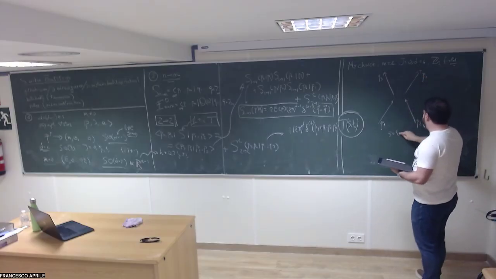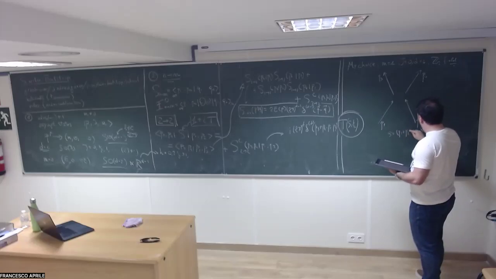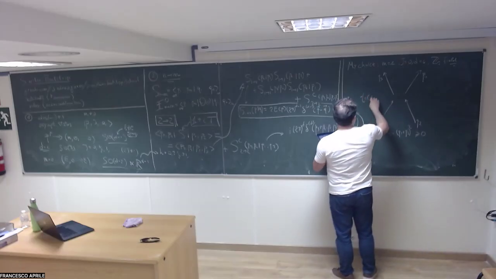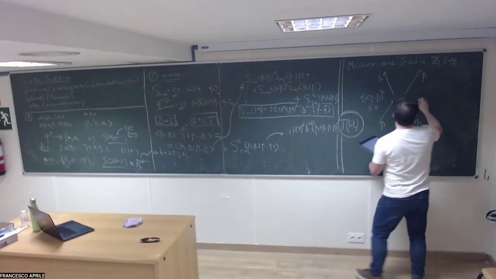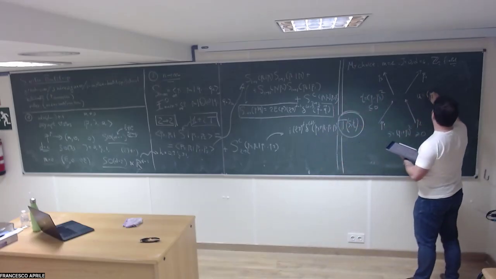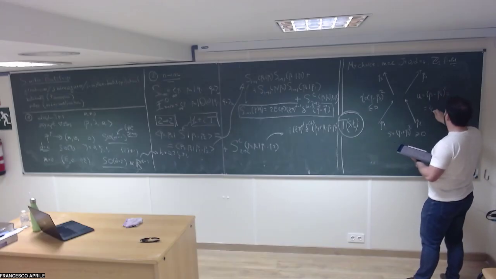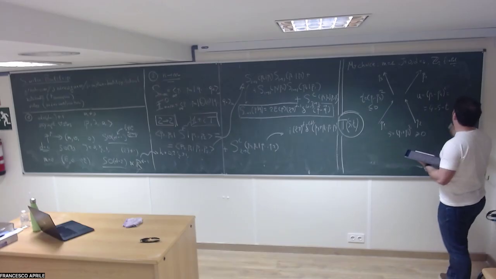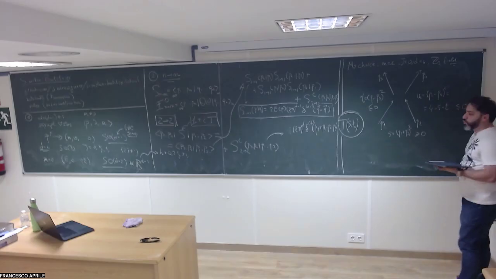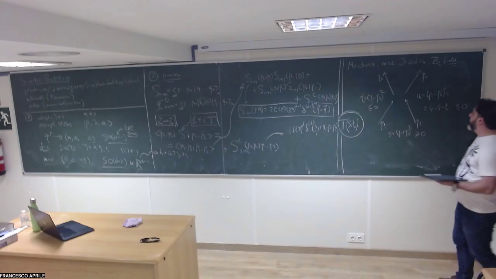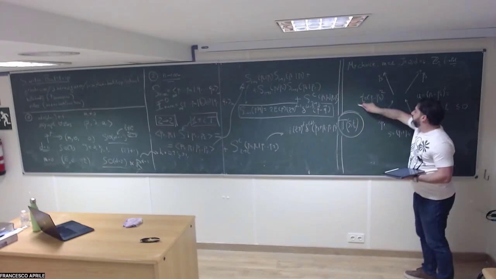Then S is (P1 plus P2) squared, which I take to be positive. And then T is (P1 minus P3) squared, which is negative, and U is (P1 minus P4) squared, which is also equal to 4 minus S minus T by momentum conservation, which is also negative. So these are the 3 variables, and only 2 are independent.